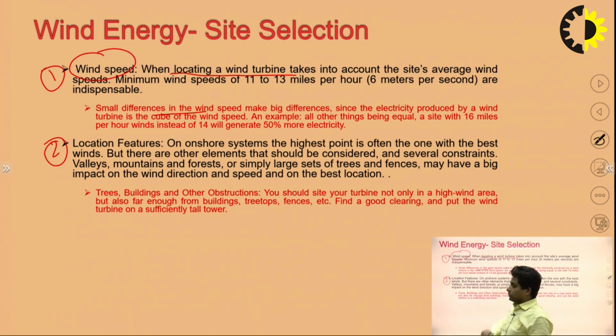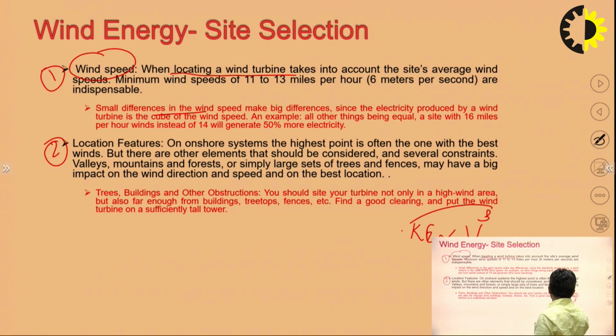What will happen? A small difference in the wind makes a big difference. क्योंकि जितना ही लो रहेगा उतना ही आपका प्रोडक्शन लो रहेगा, एफिशिएंसी लो रहेगी. बट अगर आपके पास हाई स्पीड है तो डेफिनेटली आप एनर्जी प्रोड्यूस में जा सकते हो. कि like a small difference in the wind makes a big difference in the electricity produced by the wind turbine, as it is a cube. क्योंकि आपको पता ही है कि kinetic energy is proportional to the velocity. तो wind velocity जितनी लो रहेगी, kinetic energy डेफिनेटली डाउन हो जाएगी 3 times.